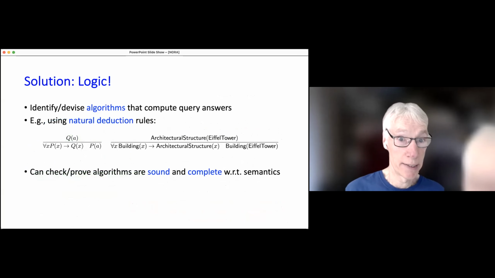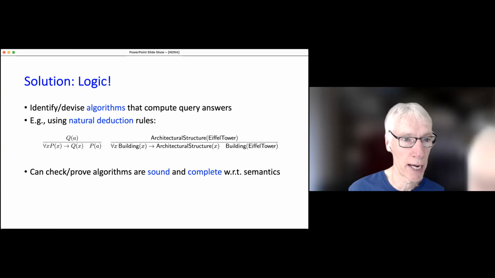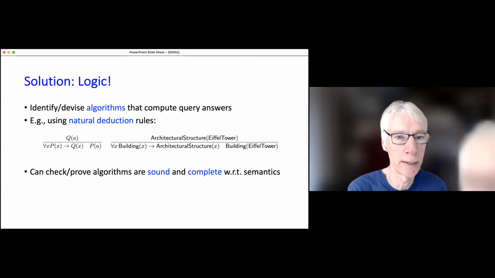Okay, so logic gives us a natural way of defining how queries are answered, which is just logical entailment. Moreover, we can just look in our textbooks and find some nice algorithms for actually computing logical entailments.